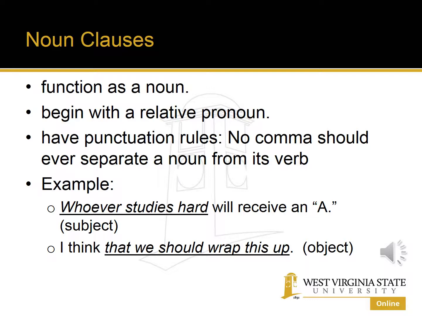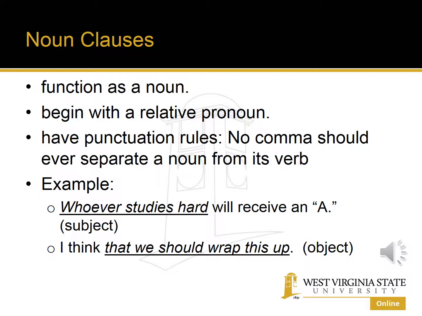So, a strict comma rule: no comma should ever separate a noun from its verb. If you have a comma before the verb and after the noun in the sentence, then it's an interruption and you have a pair of commas.